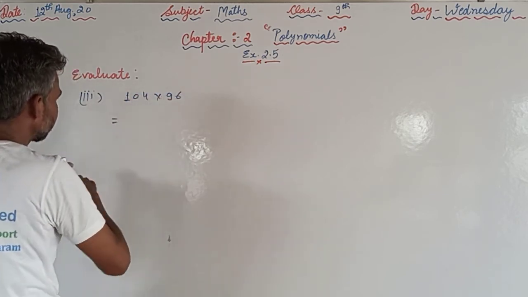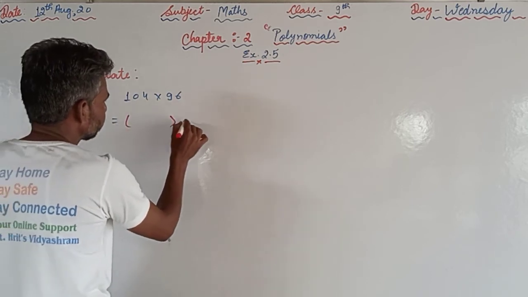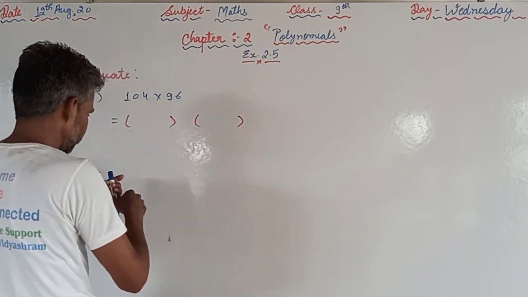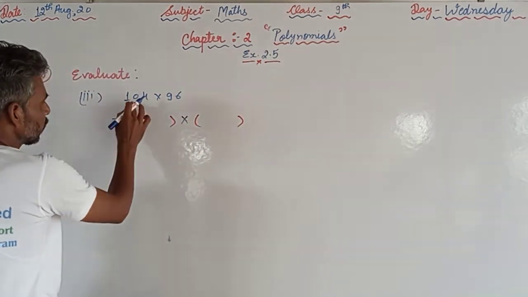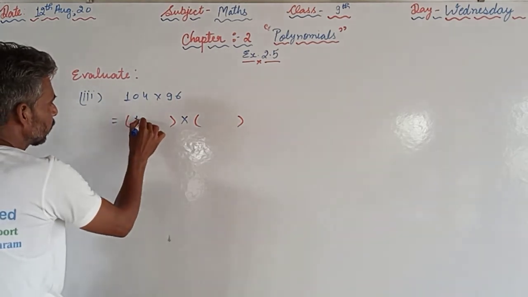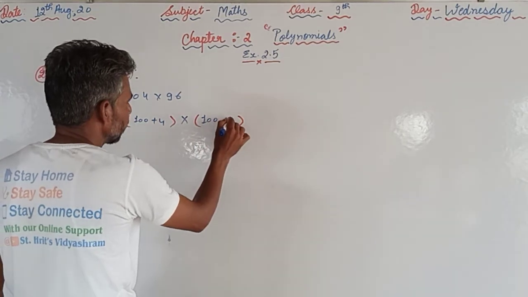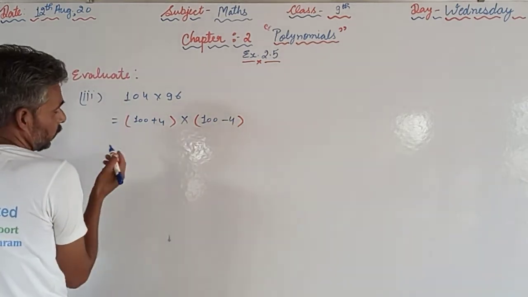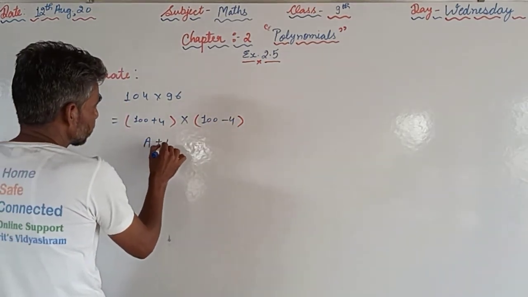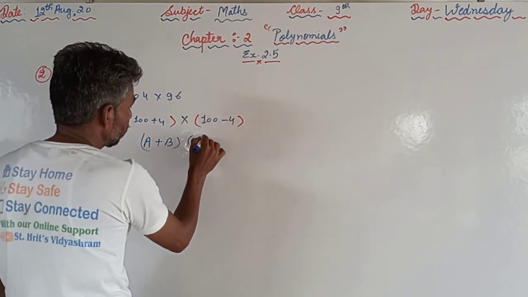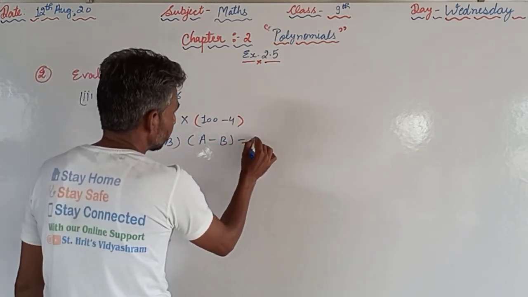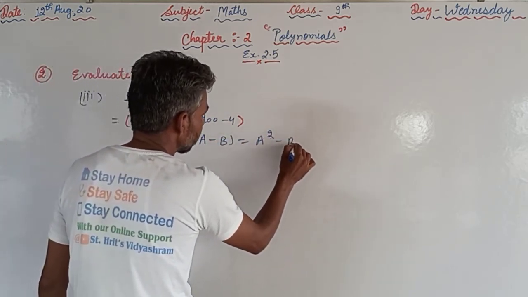Again we will prepare the brackets there, in between the sign of multiplication will be there. 104 will be 100 plus 4, 96 will be 100 minus 4, and we know the identity, that is (a plus b) into (a minus b) equals a square minus b square.